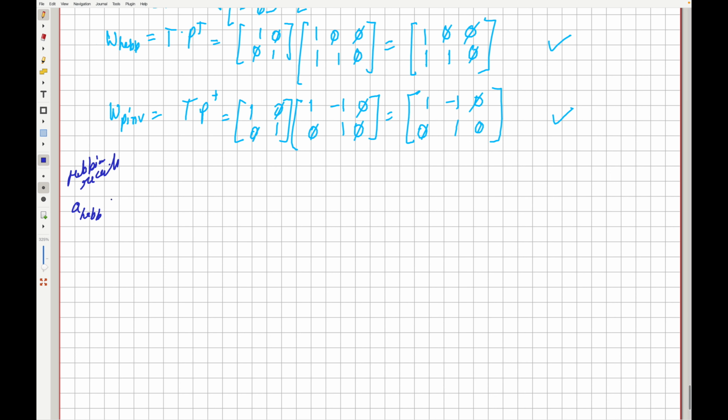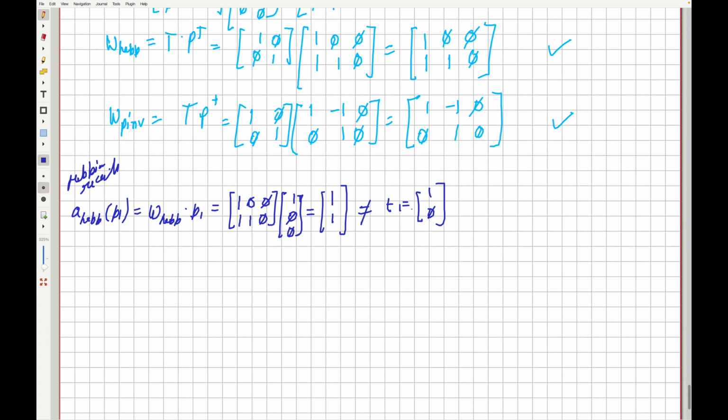So A Heb using the P1 is going to be equal to the W Heb matrix that we calculated above dotted with P1, and so we have 1 1 0 dotted with 1 0 0, and if we calculate this, 1 times 1 is 1, rest are 0, so we get a 1, and again we get a 1 here. So this is not equal to the T1 that we have, which equals 1 0, right? So that's the first thing we notice.